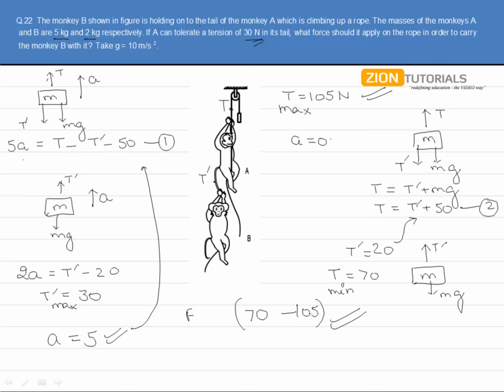Suppose they give 75, 80, 105 and 120, then you need to mark the first 3 options, leaving 120, because most of the time, whenever multiple answers are possible like this and we get a range of answers, they give it in more than one correct type of questions.